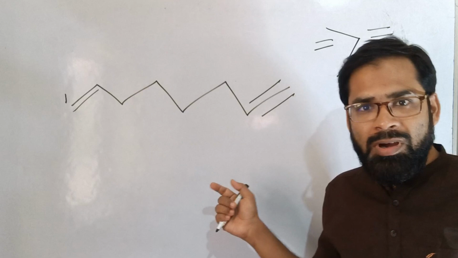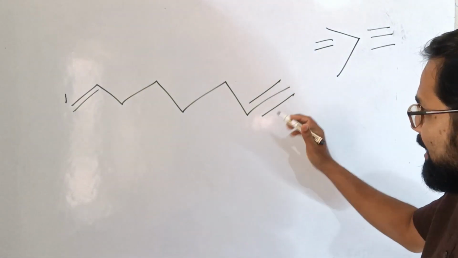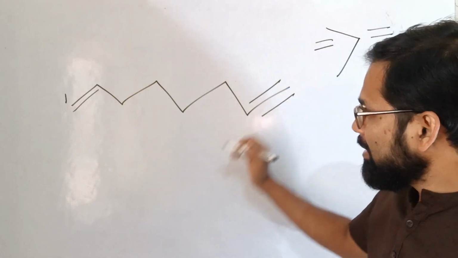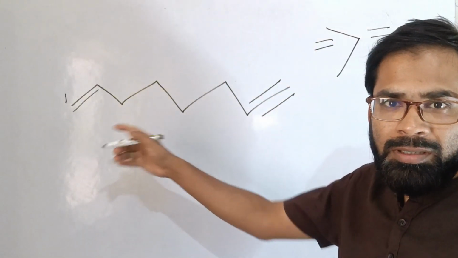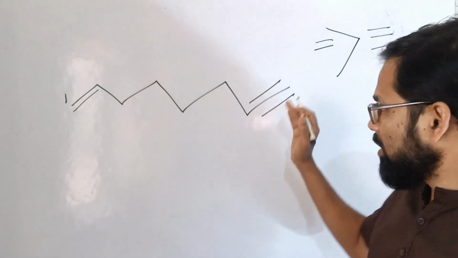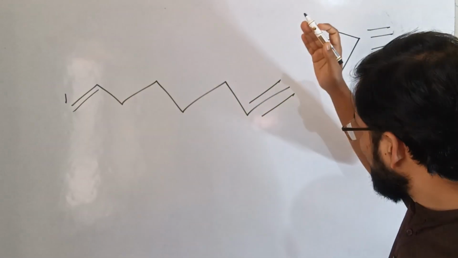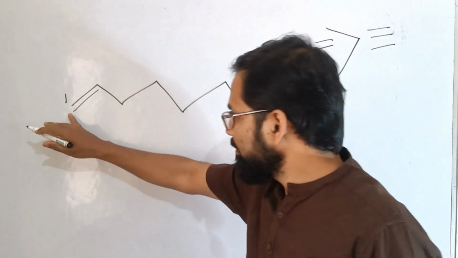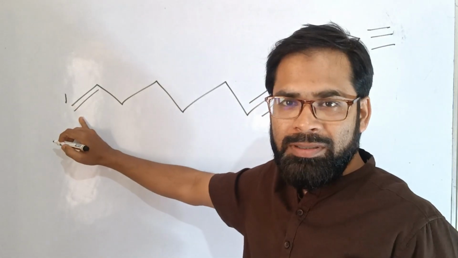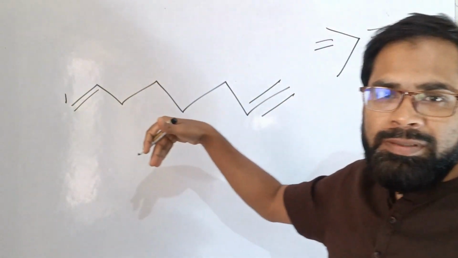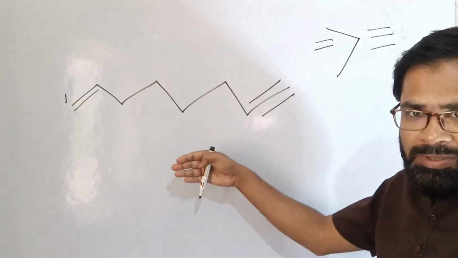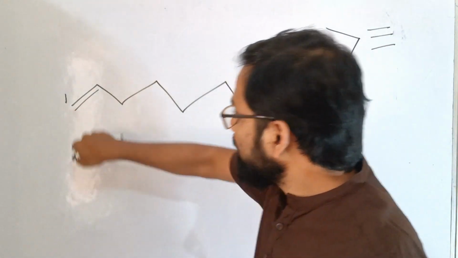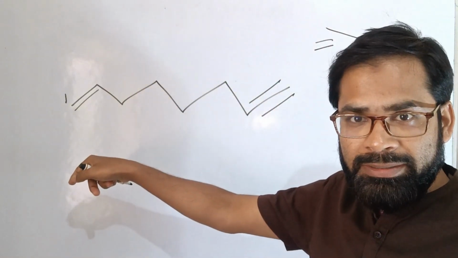In whatever examples we saw earlier, either the double bond or the triple bond got the lowest number, but not similarly here. If you start from the right, the first carbon has the triple bond. If you start from the left, the first carbon has the double bond. That kind of scenario we didn't observe earlier. So in this scenario, the double bond will get more priority.